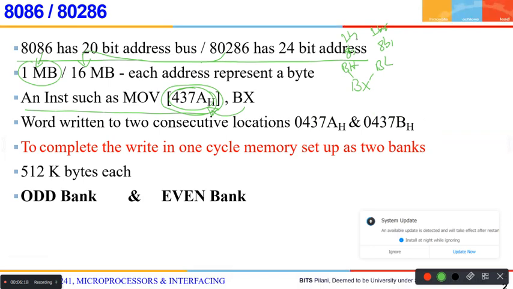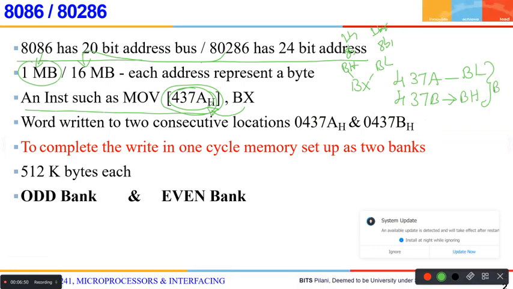So what will be stored in 437A? It requires two addresses, 437A and 437B. Can you tell me what will be stored in 437A and what in 437B? Here what is stored is the content of BL, and here the content of BH.